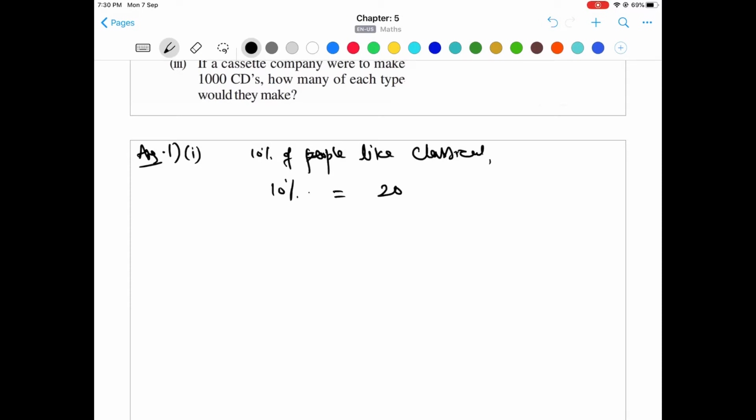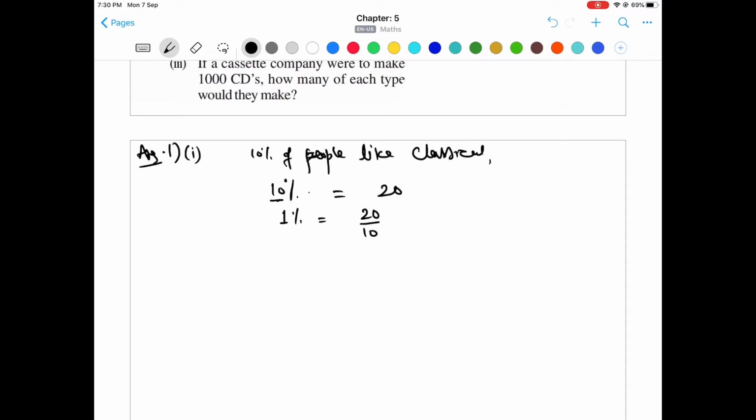So if you take 1%, 1% will be, when you shift this 10 to this side, 20 by 10. That's the value of 1% of people. Okay, now we have to find the 100% of people. So that means you will multiply 100 on both sides.